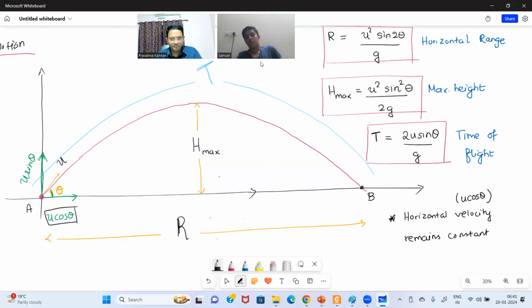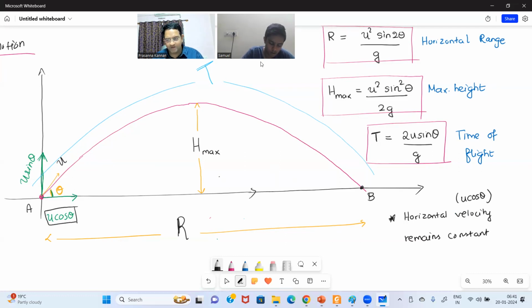If there's no force acting on the body, then the acceleration remains zero. And if the acceleration remains zero, there will be no change in the velocity. Very good. And this is true in the horizontal direction, because in the horizontal direction there is no force acting. Because of that, there is no acceleration in that direction. Because there is no acceleration in that direction, horizontal velocity remains constant.